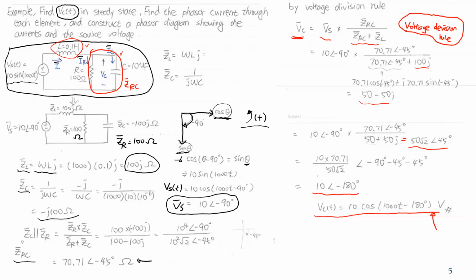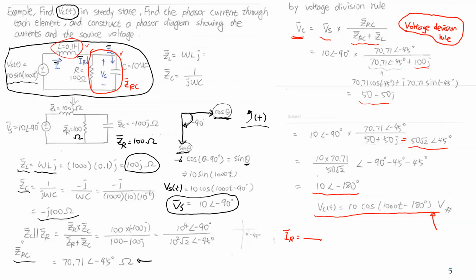So this is the answer to the first question. And it also asks you to find the currents through each element. So you are asked to find I, IR, and IC. Before we move on to the next page, IR can be calculated since you know VC.